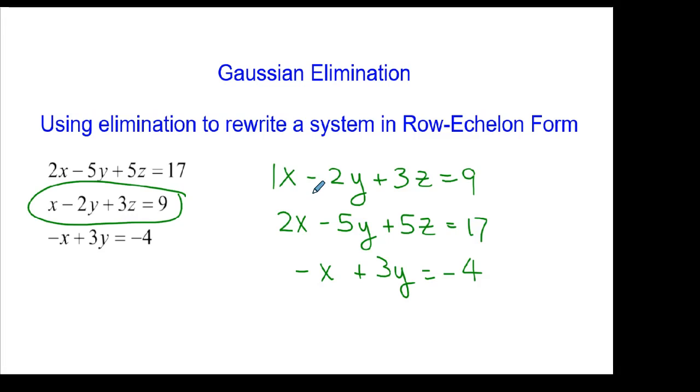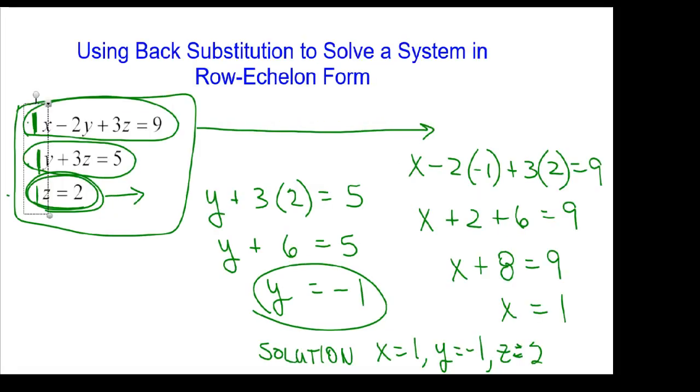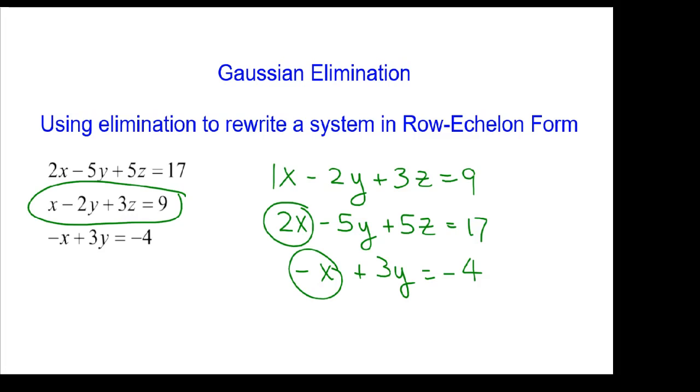Now, what I want is for this coefficient to be 0 and for this coefficient to be 0. I need to end up with a 1x on the first row, no x's on the second row, and no x's on the third row. In other words, I want a 1, 0, 0.